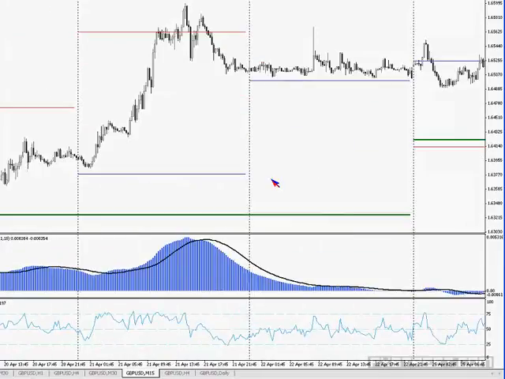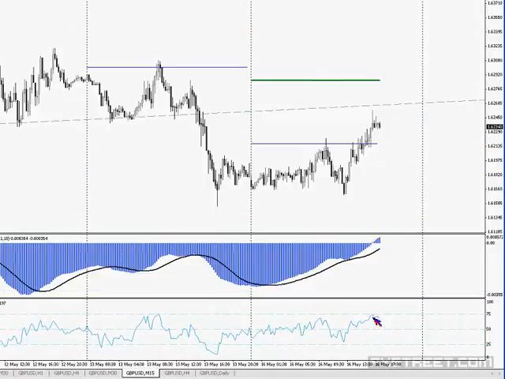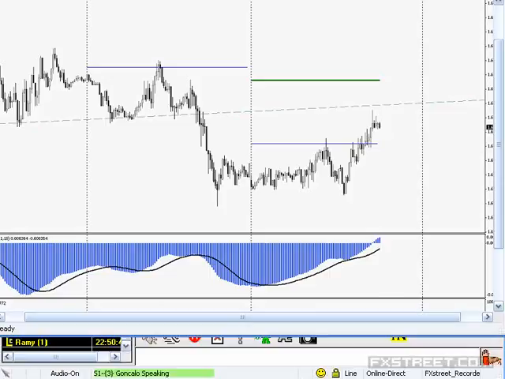We could go, for instance, to the 15-minute and look for similar patterns as we have seen here in the RSI, but usually I don't go lower than 1 hour.